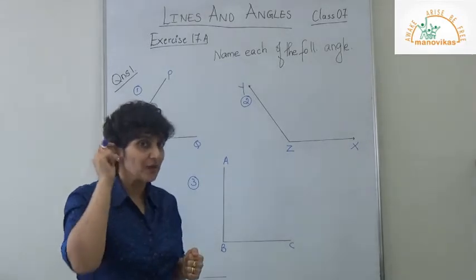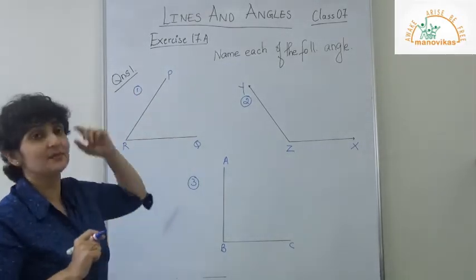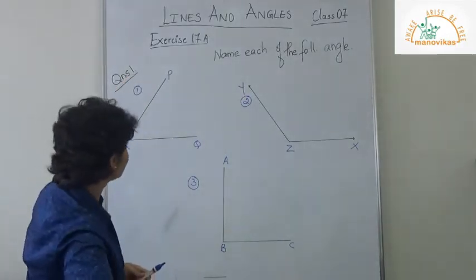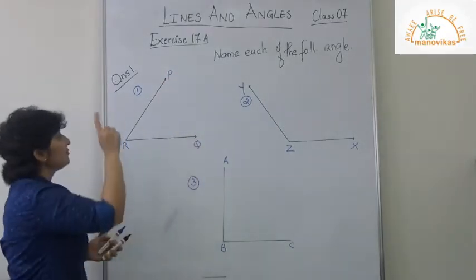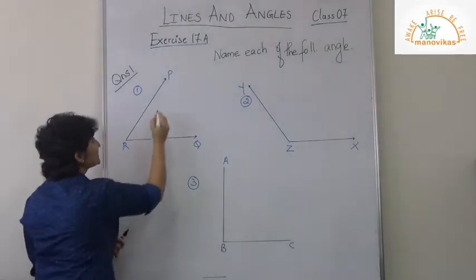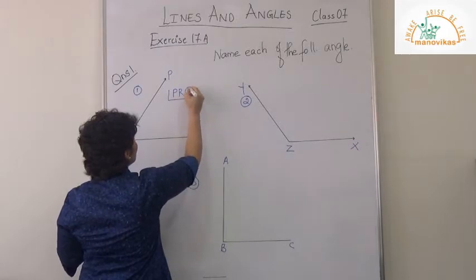Question 1. I hope your textbooks are with you, children. Now let's see this. Name this angle. Now when I see this, what do I understand by this angle? Now what is this? Angle PRQ. Correct? I can write this as angle PRQ.